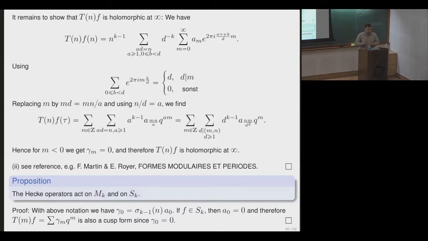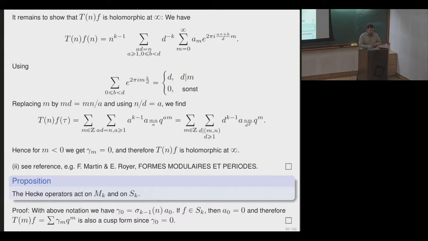And so we write down the formula for this Fourier expansion. So it's just we plug in this. And now we use these nice properties that if you sum up roots of unity, then in most cases you will get 0, and only in a few cases you will get some non-trivial number, which is in this case d.